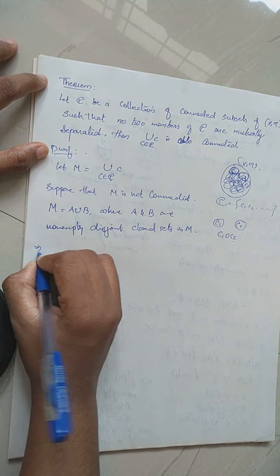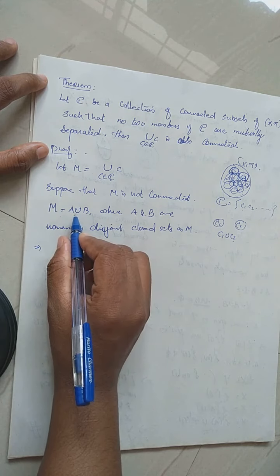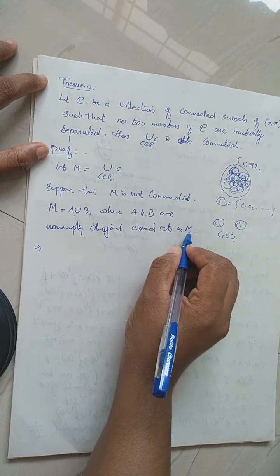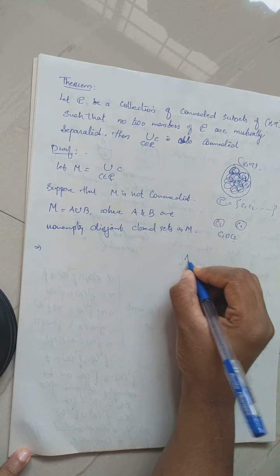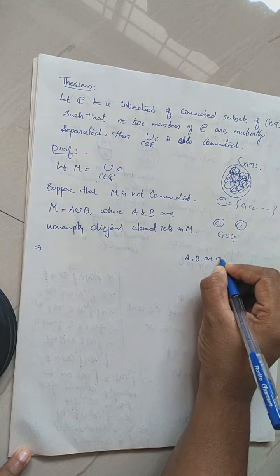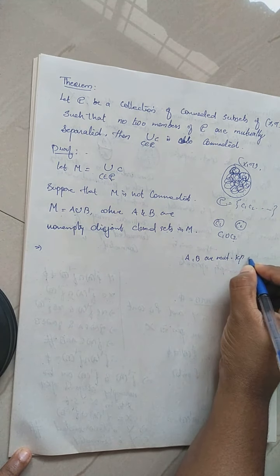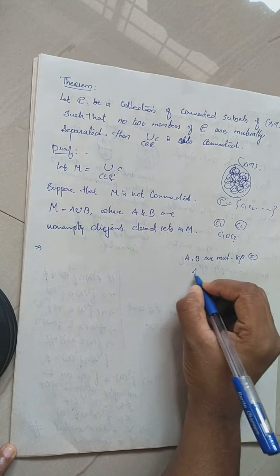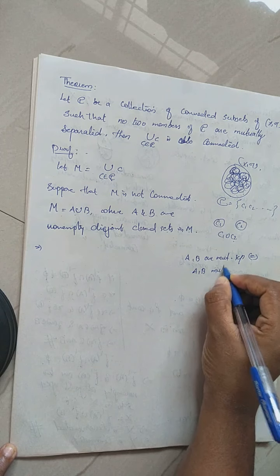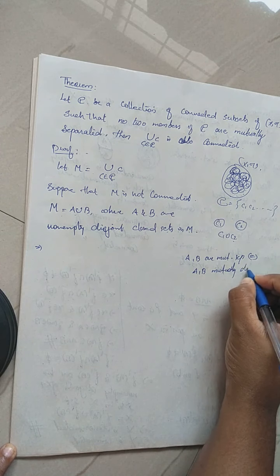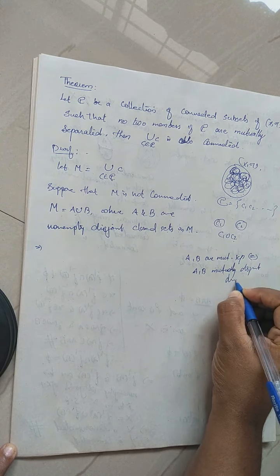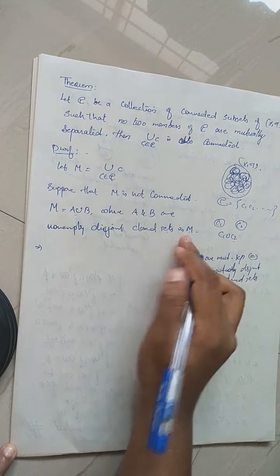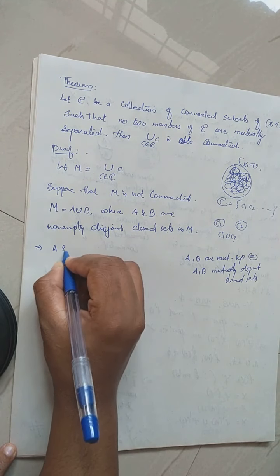When they are mutually disjoint closed sets in M, we have a result that A and B are mutually separated if and only if A and B are mutually disjoint closed sets. So by that result, since they are mutually disjoint closed sets, A and B are separated.